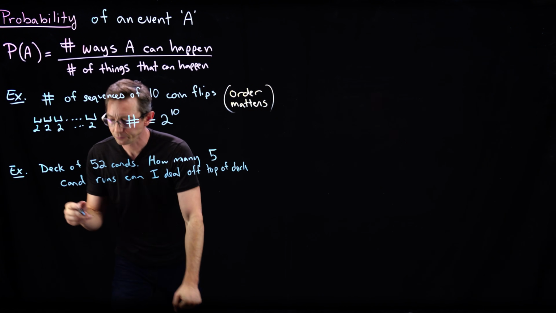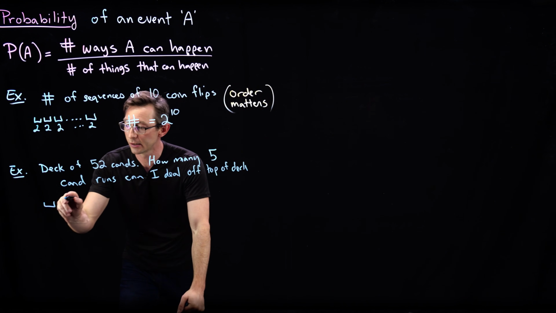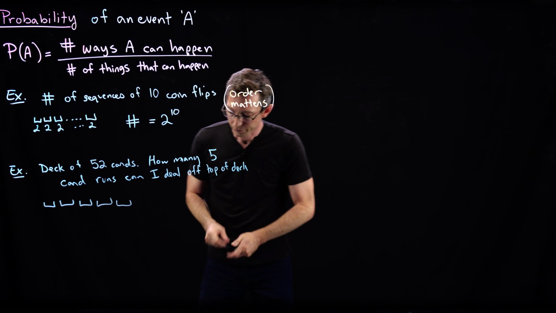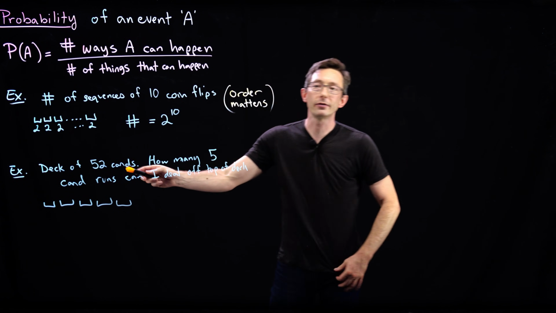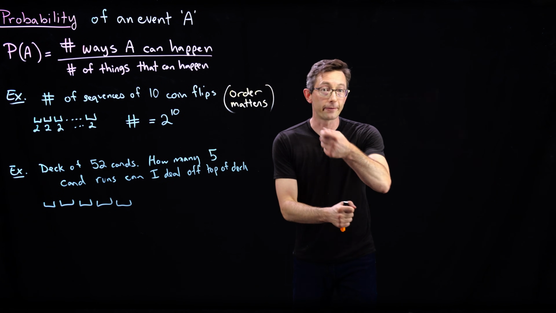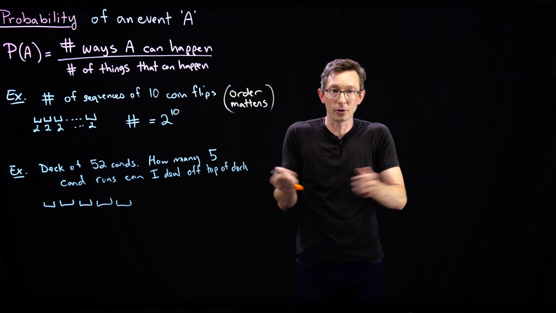So here we're going to say that we have 5 cards, 1, 2, 3, 4, 5. For the first card I deal, there are 52 possible choices. It could be any one of 52 cards.